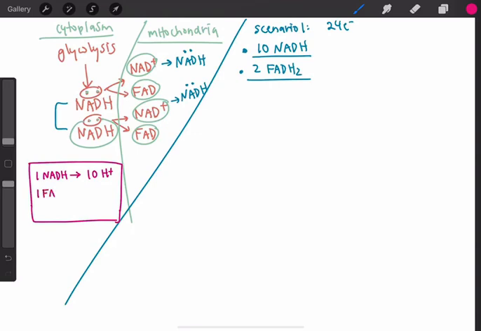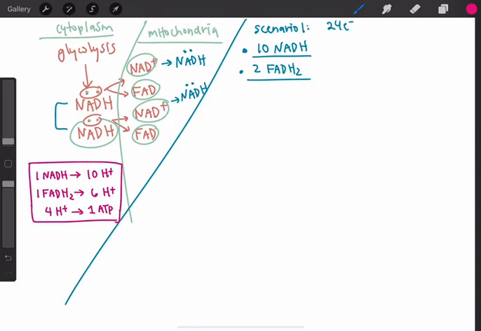Whereas for every FADH2 molecule, this reduced molecule can result in 6 protons being pumped across the membrane. And it takes 4 protons to make 1 ATP molecule via ATP synthase.